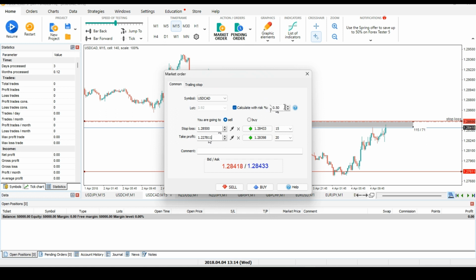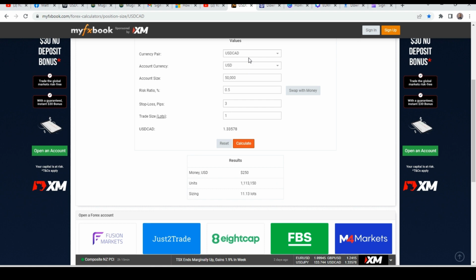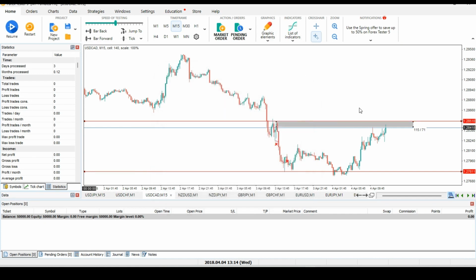And then you see 0.5% of this. Let's calculate. That's $50,000, right? So let's use a position size calculator. For example, $50,000, and we're going to use how much? Let's see how many pips this is. First of all, let's calculate how many pips this is.